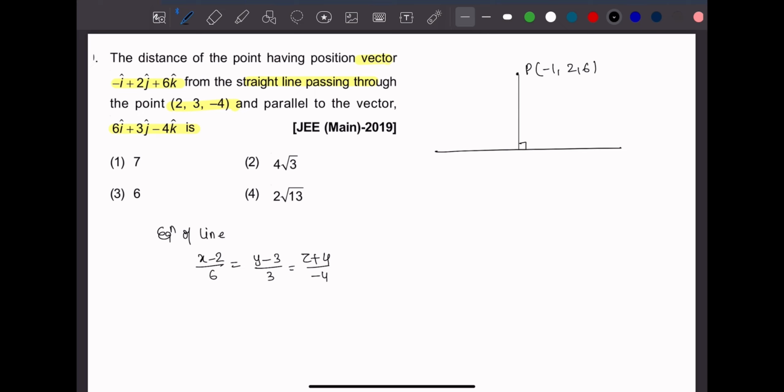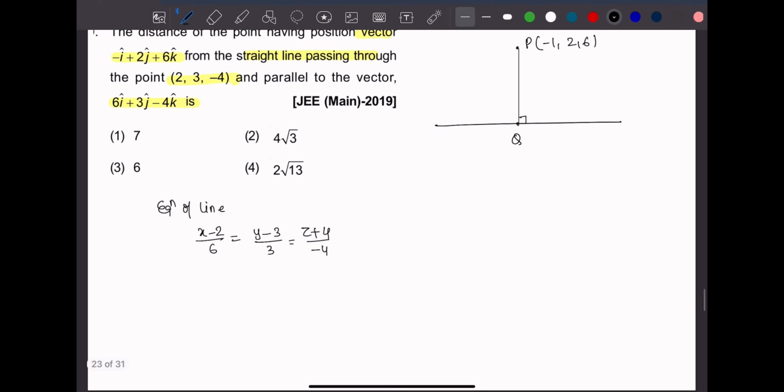To find this distance we need this point Q, and we know Q lies on this line, which means we can write Q point as 6 lambda plus 2, 3 lambda plus 3, and minus 4 lambda minus 4. This one we are saying equal to lambda.